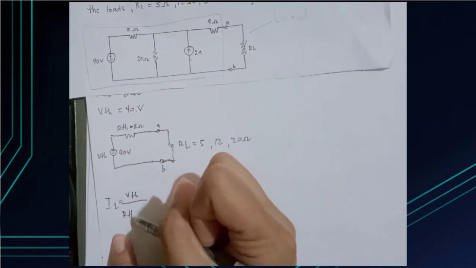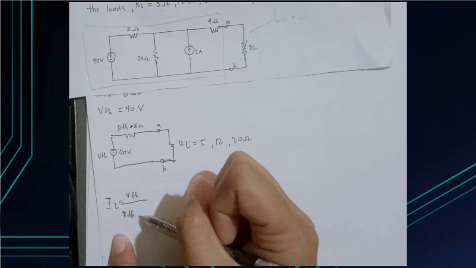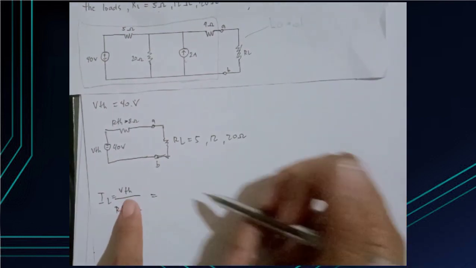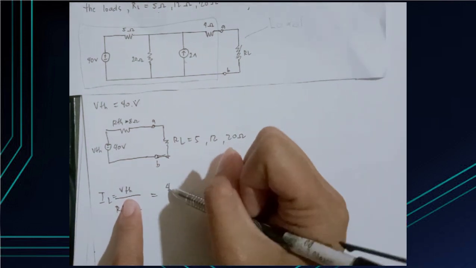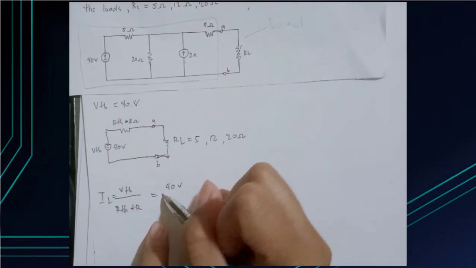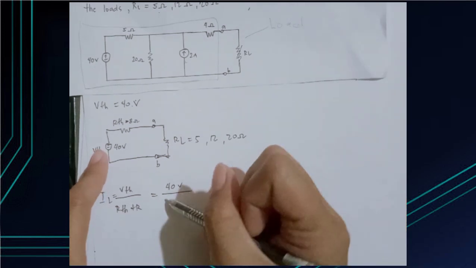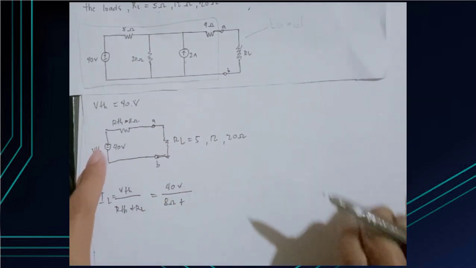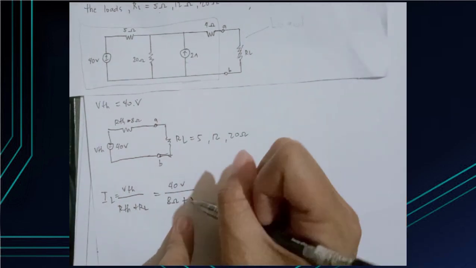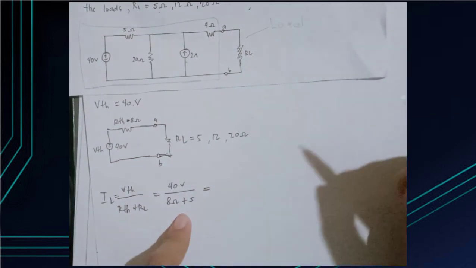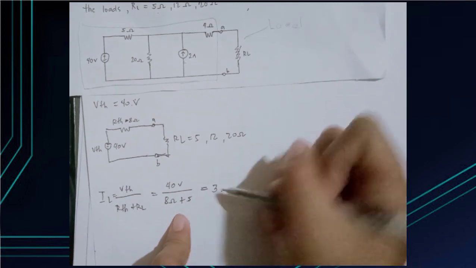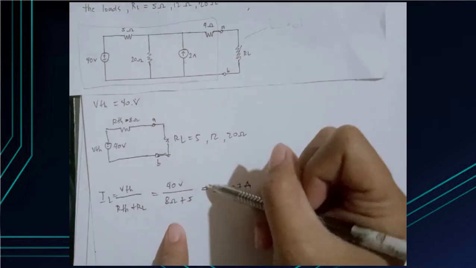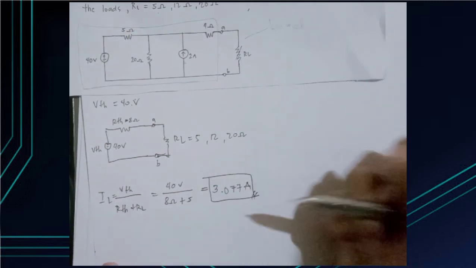IL is equals to VTH over RTH plus RL, so is equals to yung VTH natin, 40 volts over, ang RTH natin is 8 ohms plus ang ating RL na 5. So, it's 3.077 ampere.